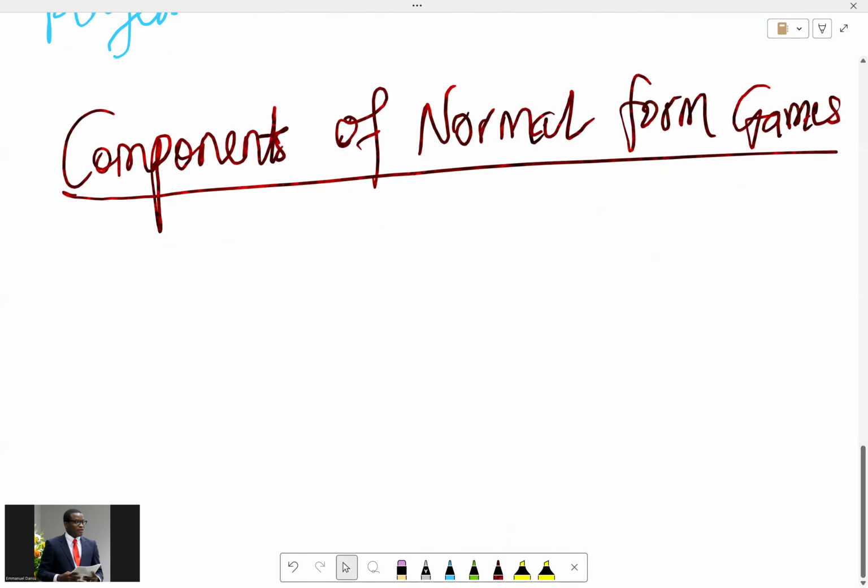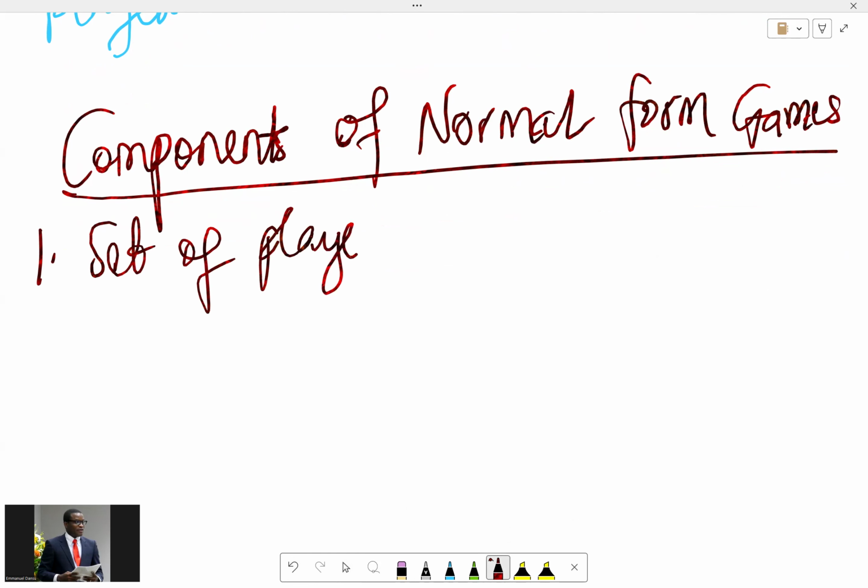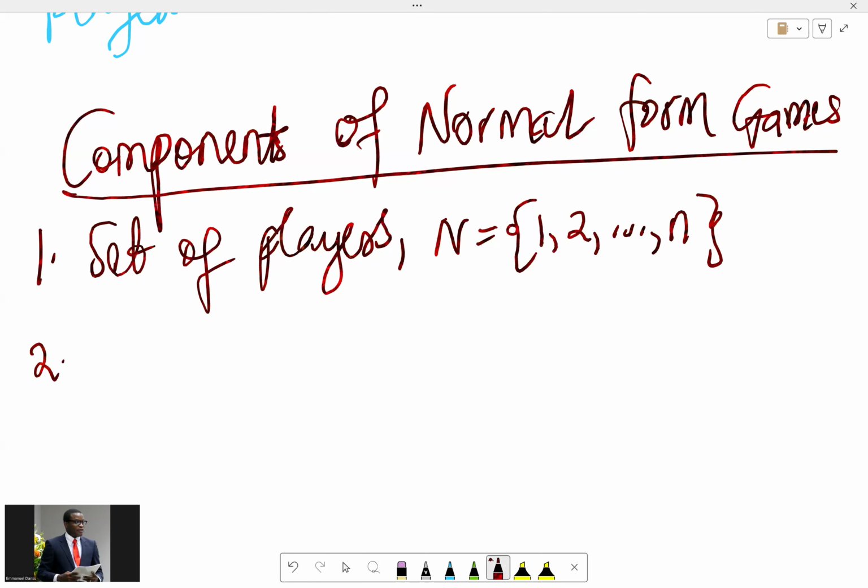So number one, we have the set of players. We have set of players N. So we can have the number of players one, two, up to whatever number, up to N. That's the set of players.